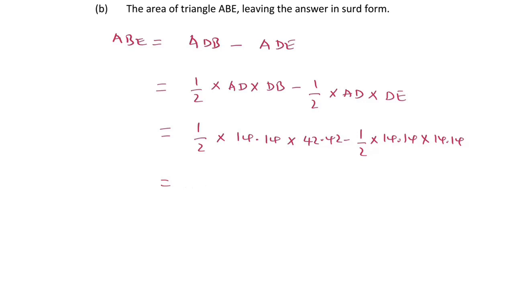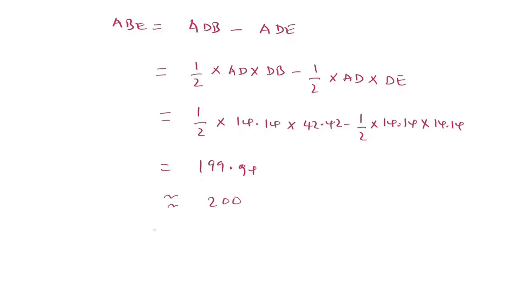After solving the values, we are having 199.94, which is approximated to be 200. Therefore, the area is going to be 2 times 10 squared meters squared. And this is represented in standard form as requested.